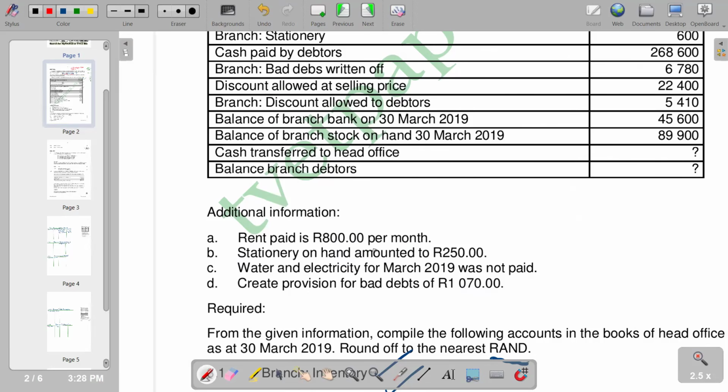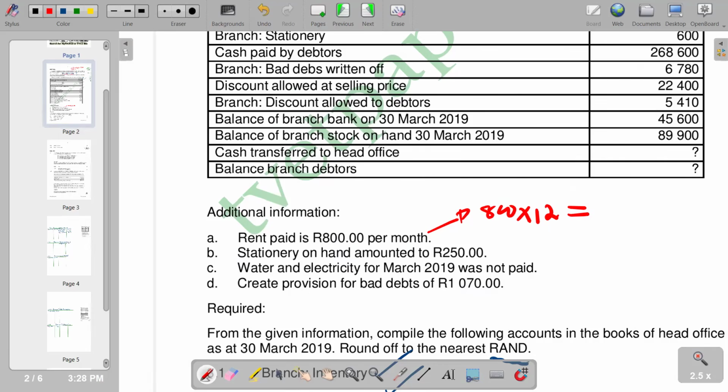So with that now, if the rent is 800 per month, it means the rent for 12 months is supposed to be 800 times 12. So let's try to calculate and see what we get there. 800 times 12. So we're going to get your amount is 9,600.